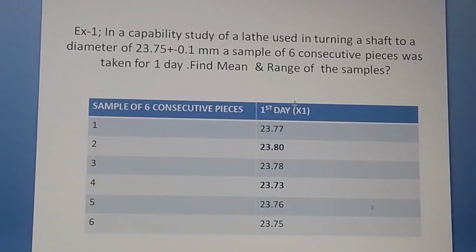We have seen in the previous lecture how to find the mean and the range theoretically, and we are solving an example so that it is very clear how to find the mean and range of the samples. Here is the sample of 6 consecutive pieces, the first observations. We have taken a variable x1, the diameter of the shaft in mm.